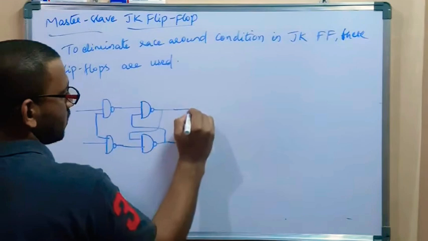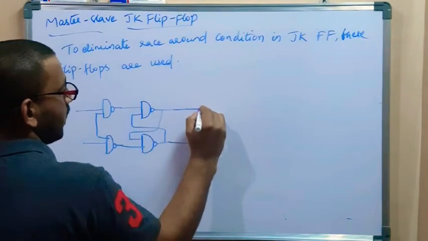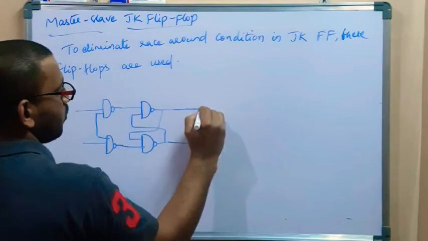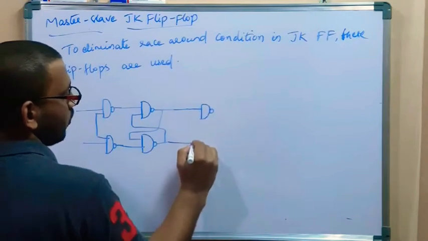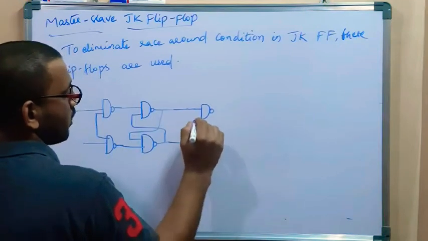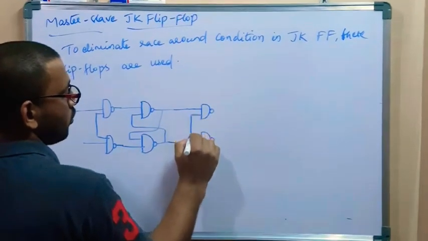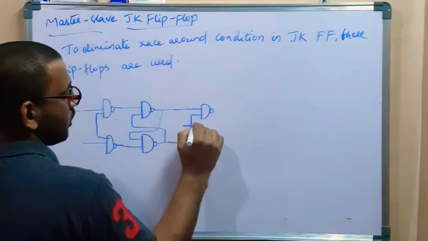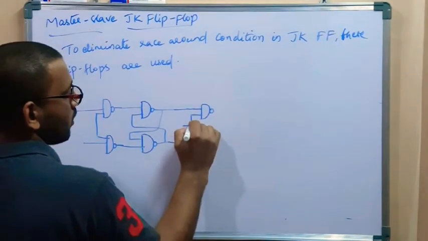The output of the master is connected as input to the slave. I will take one more flip flop, right? So I will short these two inputs. I will connect the clock pulse to this here.